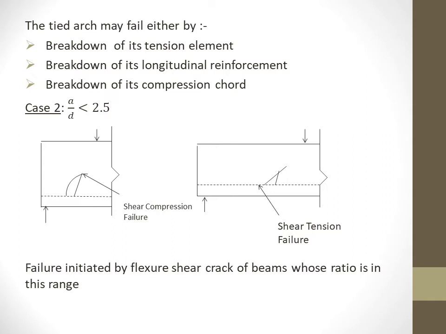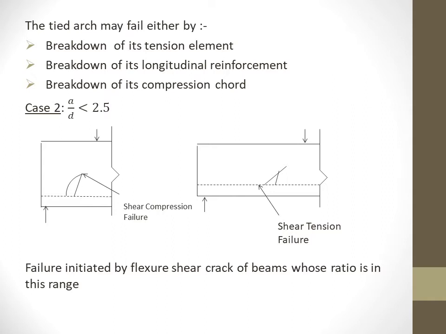It can be either by yielding, fracture, or failure of anchorage, or a breakdown of its compression core, known as the strut, which happens due to the crushing of concrete, which was shown in the second figure in my previous slide.